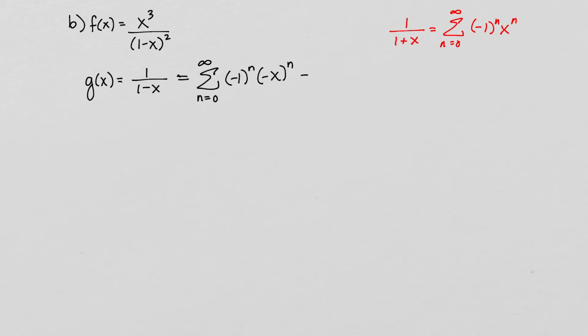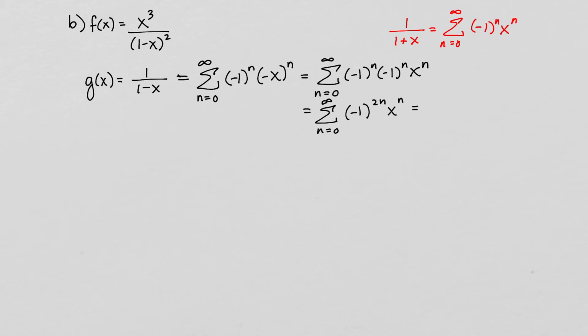So this becomes the summation n equals 0 to infinity of negative 1 to the n, negative 1 to the n, x to the n, or the summation n equals 0 to infinity of negative 1 to the 2n, x to the n.